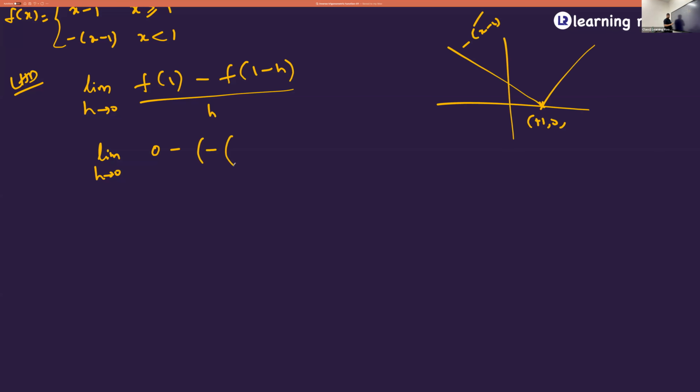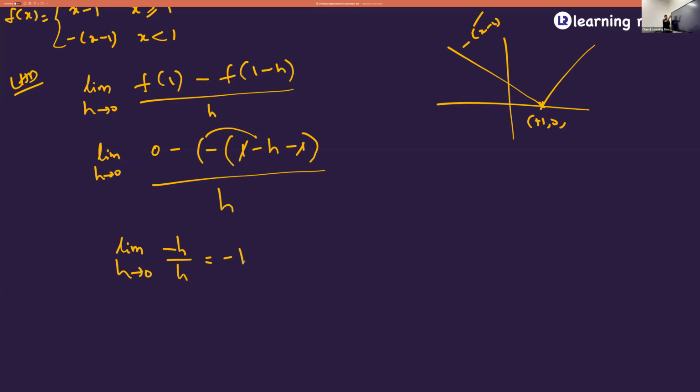So minus of 1 minus h minus 1, the whole divided by h. So limit h tends to 0, how much are you going to get? 1 and 1 will get cancelled. Minus of minus plus into this is minus h divided by h. Answer will be minus 1. Is that what you are supposed to get? When you differentiate that, you will get minus 1.